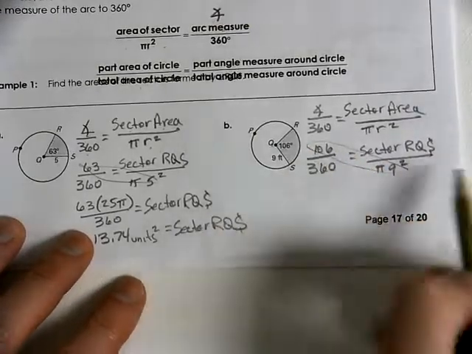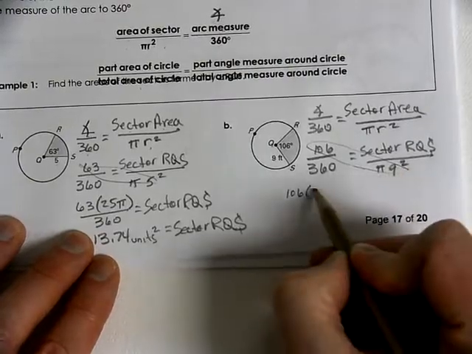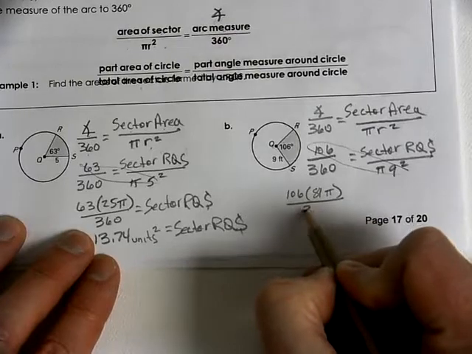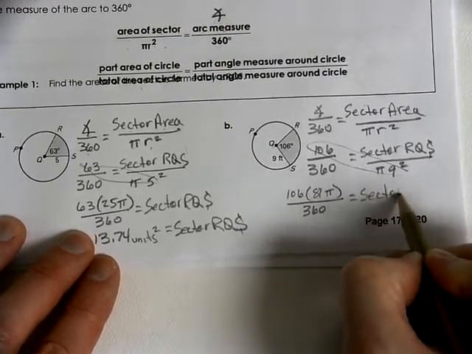We would cross multiply. That's 106. 9 squared is 81, so it's 81 pi. That's still divided by 360. And this is going to give us the sector area.